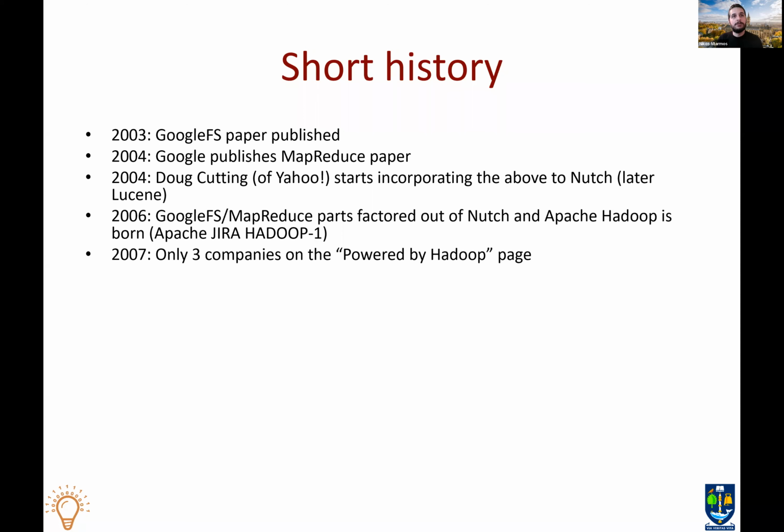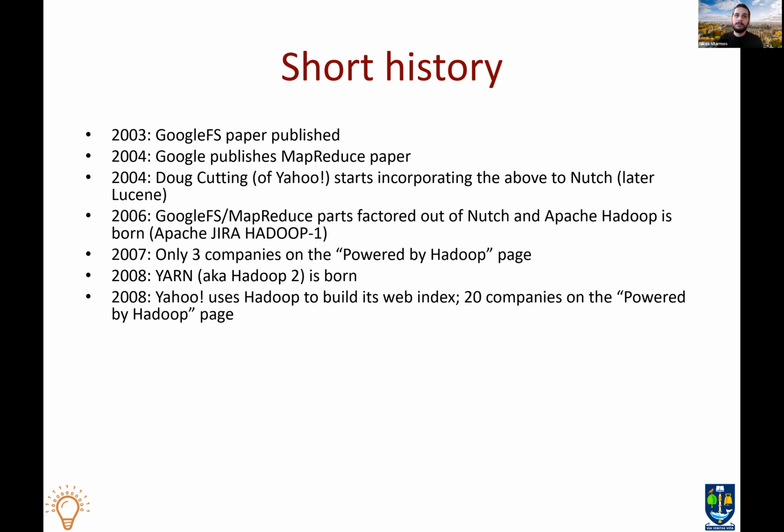Anyway, so in 2007, there were only 3 companies that were officially using Hadoop. But then in 2008, Hadoop version 2 is born. Hadoop version 2 we will cover next week, and it was addressing some of the shortcomings of Hadoop version 1.